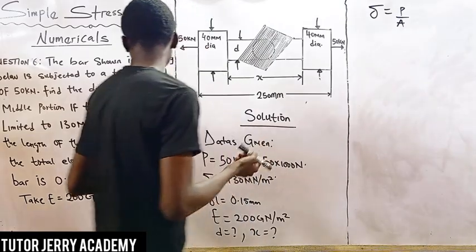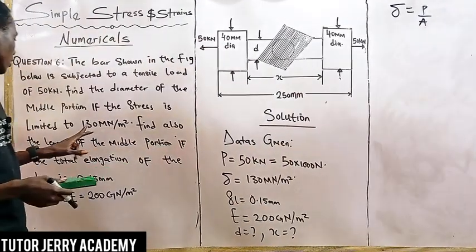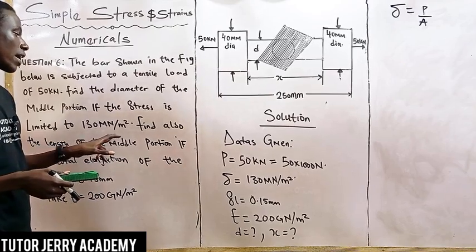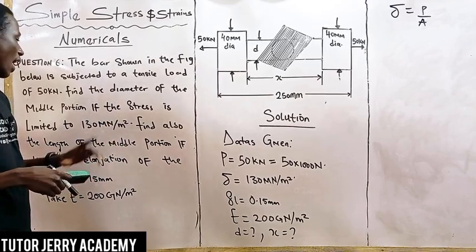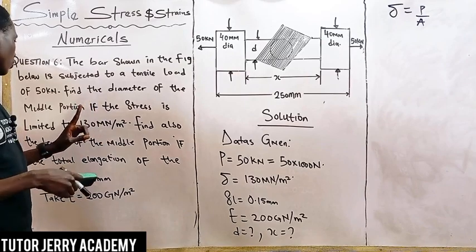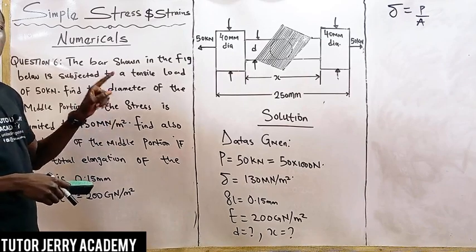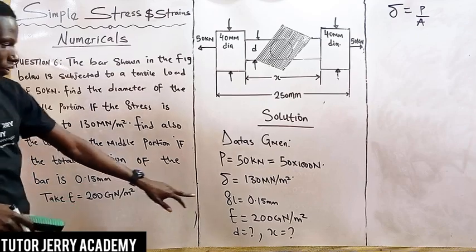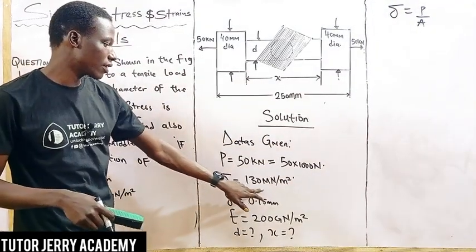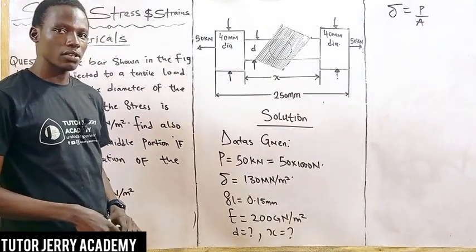From the question, you can see that we're given 130 meganewton per meter square as the limiting stress of the middle portion.